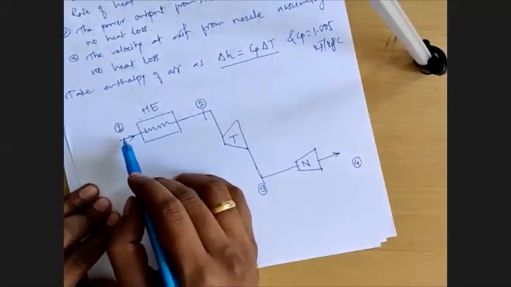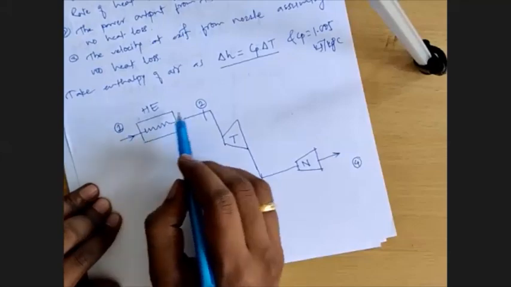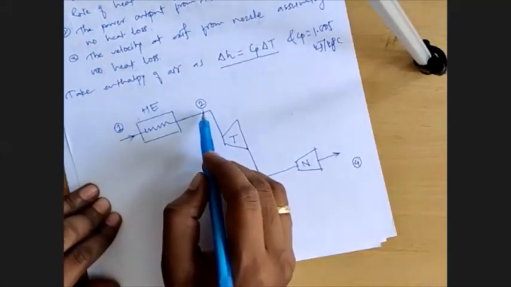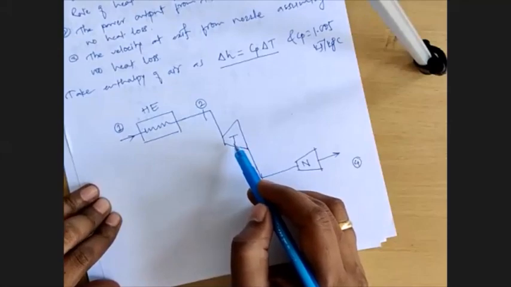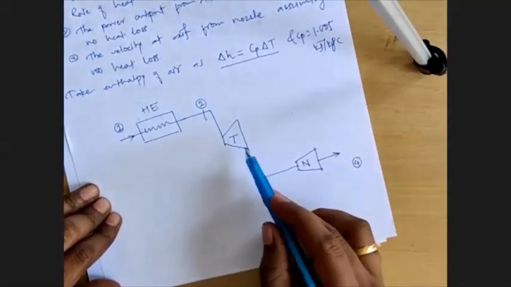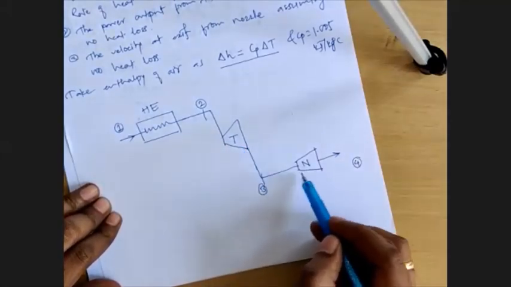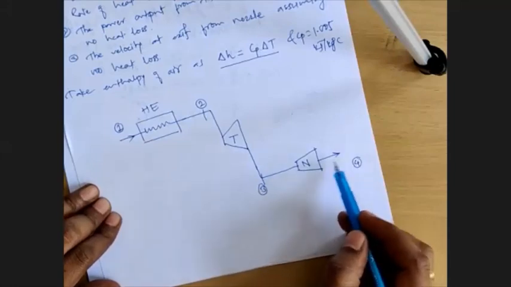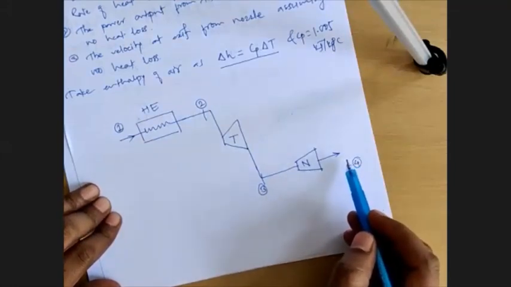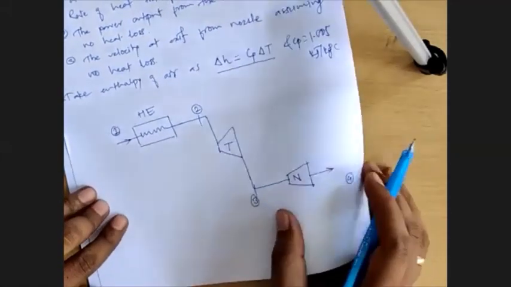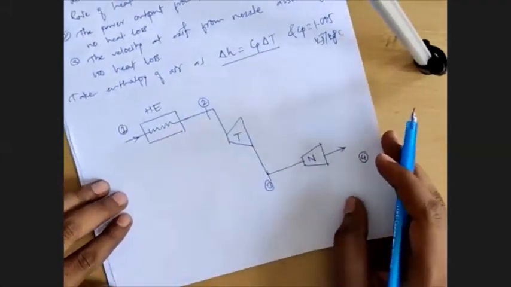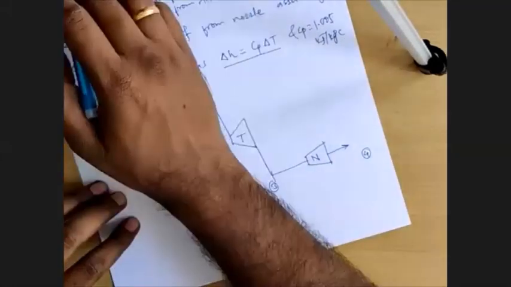So 1 is the inlet for the heat exchanger, 2 is the outlet for the heat exchanger as well as the inlet for the turbine. Similarly, 3 is the outlet for the turbine as well as the inlet for the nozzle, and 4 is the outlet for the nozzle, right? And let's note down the given data now. Read this statement.